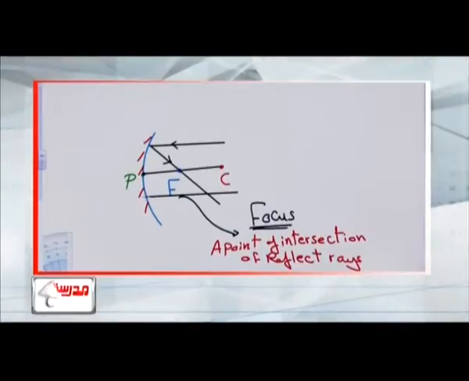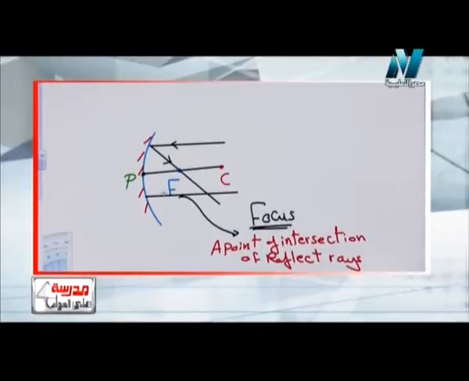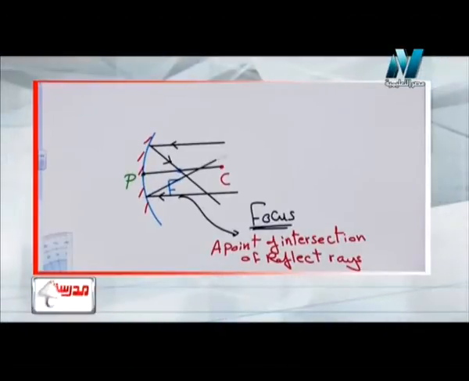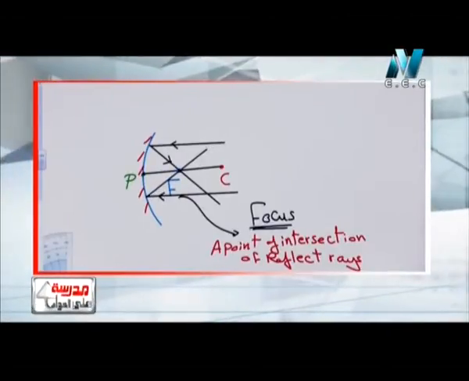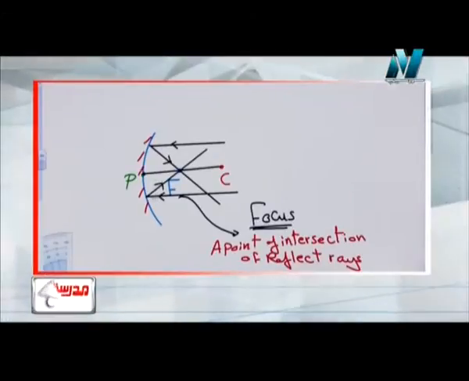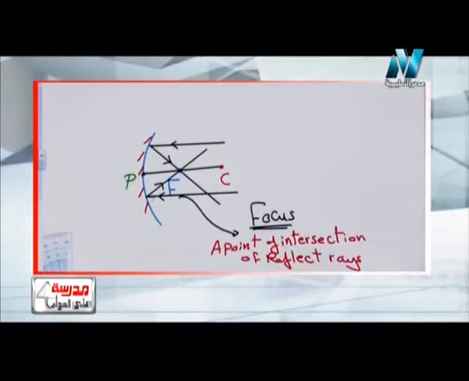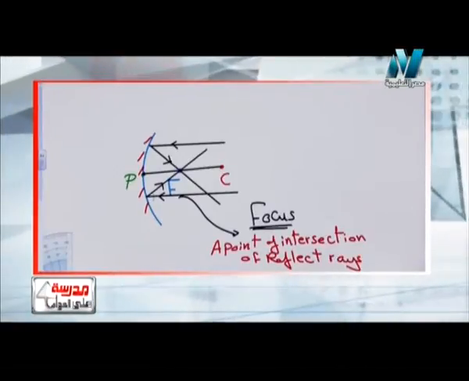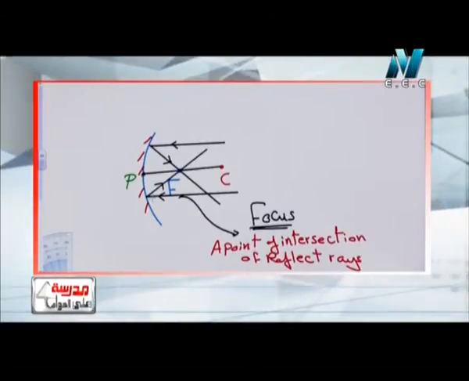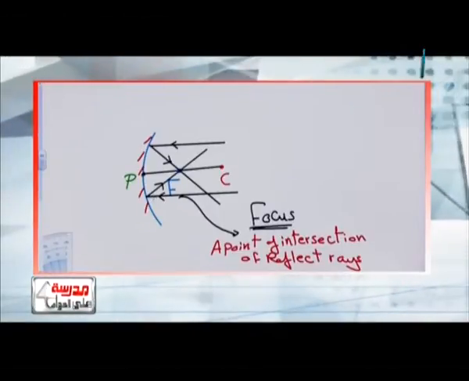Then we have another light ray moving like that, parallel to the principal axis. This light ray will reflect through the focus like that. Okay? So what is meant by focus? It is a point of intersection of reflected rays when the incident rays are parallel to the principal axis. The condition is due to rule number 1, and we will study it later.